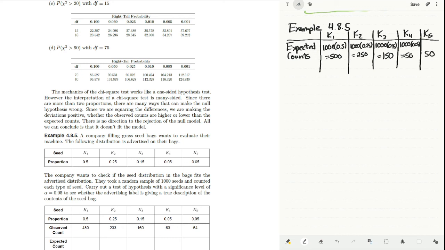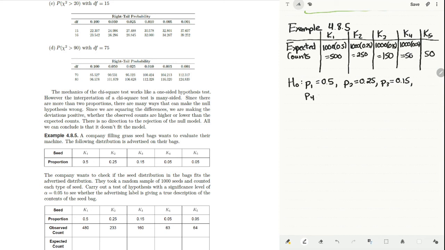So now let's write down the hypotheses for the test. For the null hypothesis, we assume that the proportion of each seed is equal to the modeled proportions. So in this case, the proportion for seed 1 we assume is equal to 0.5. The proportion for seed 2 is equal to 0.25. The proportion for seed 3 is 0.15.